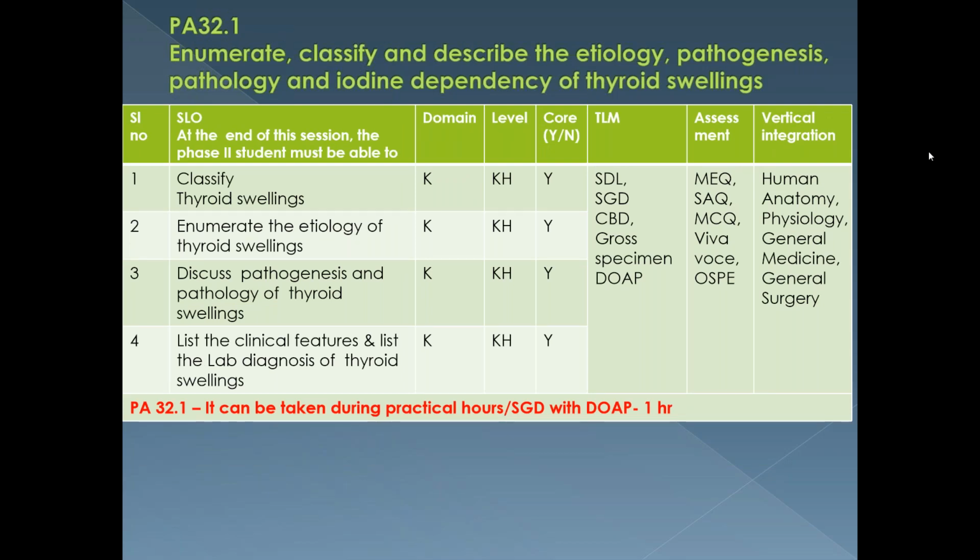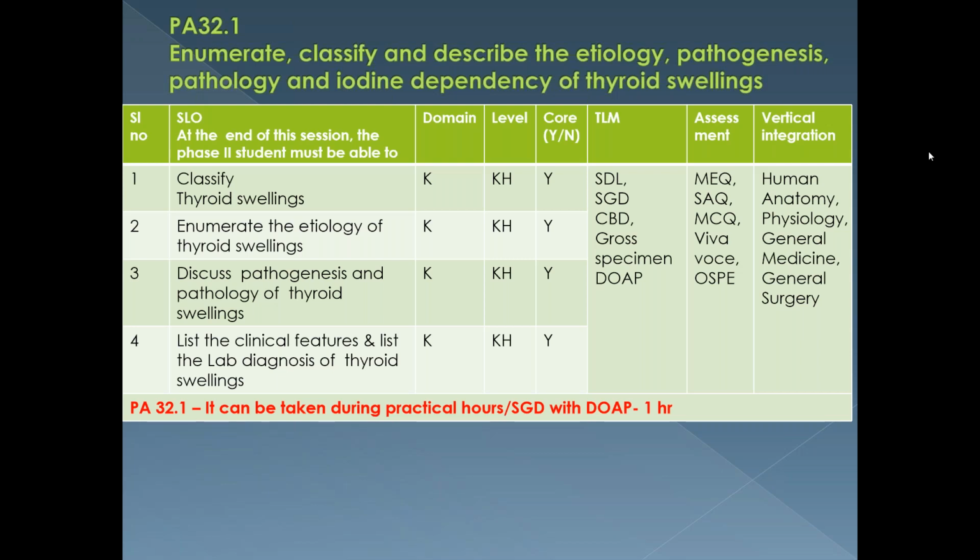For this, self-directed learning, small group discussion, and case-based discussion should be sufficient, and we have felt this should be centered around a DOAP session with gross specimens of thyroid to guide the students.